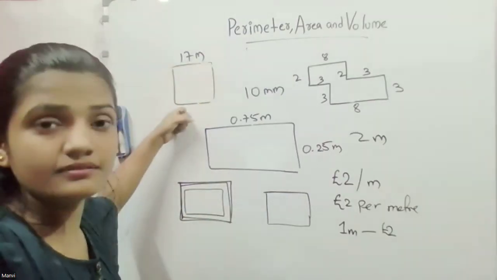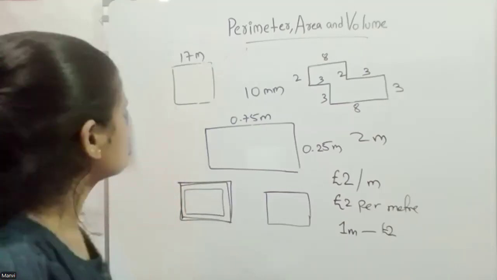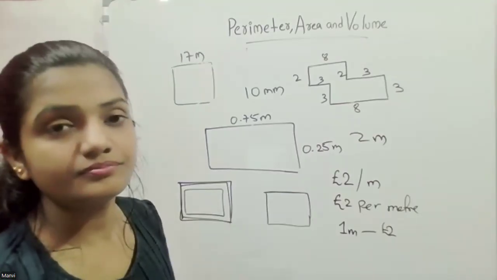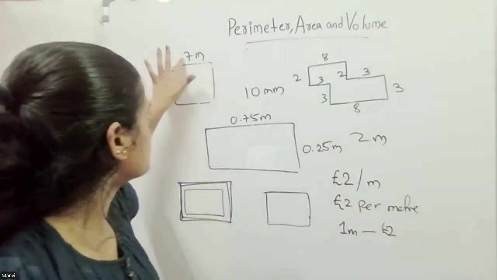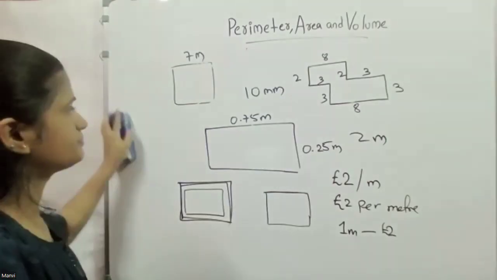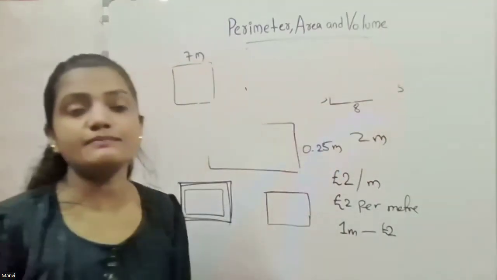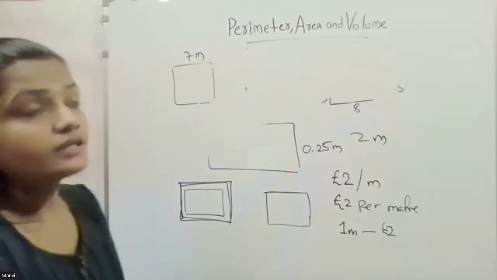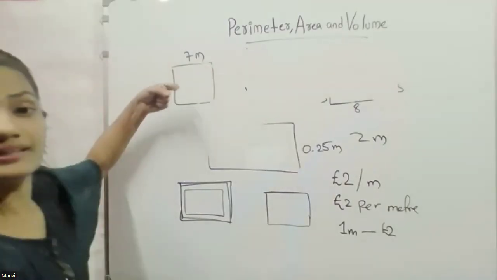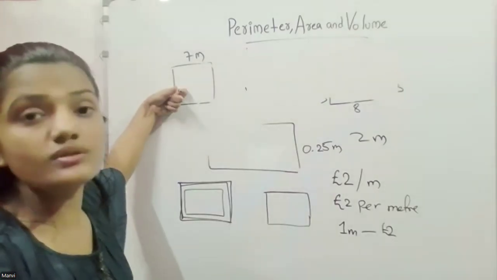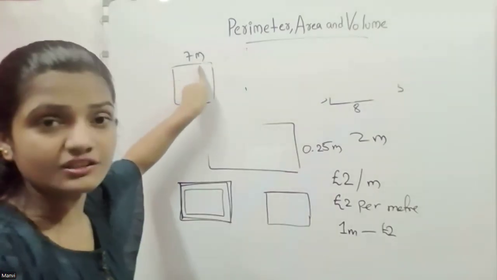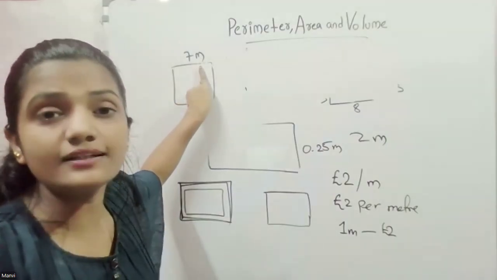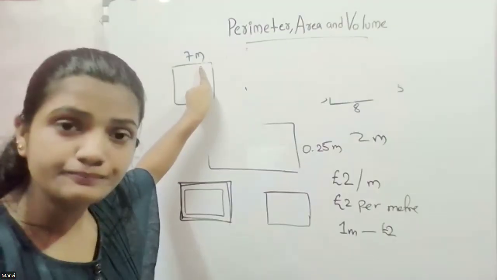The perimeter of this square. So calculate the total distance covered by the runner. Just take 7, not 17, it's too much. Okay, let me explain the question again, Kavya. A runner wants to complete 3 laps in this square field whose side length is 7 meter. Calculate the total distance covered by the runner.